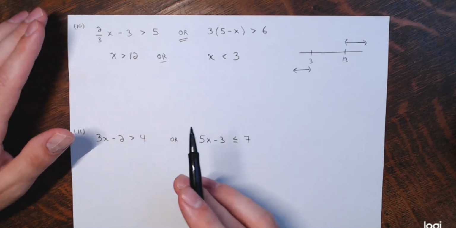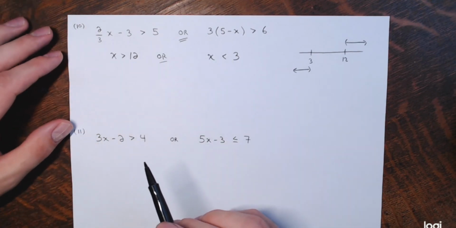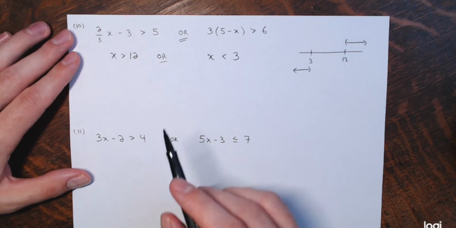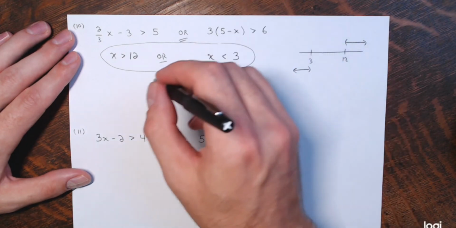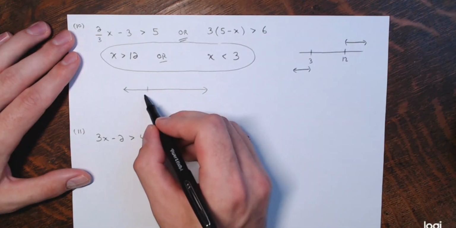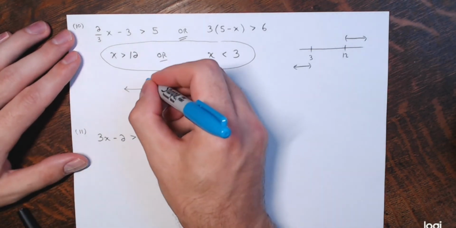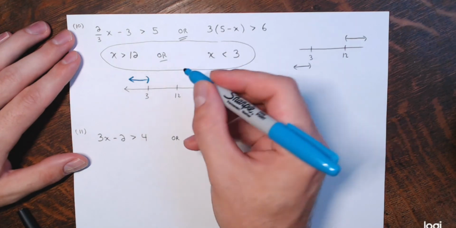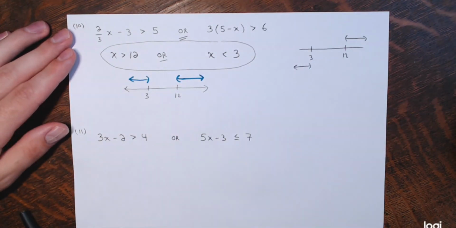Any number that satisfies either inequality is making the entire compound inequality true. So there's a description of the solutions. My final graph looks like this. 3 and 12 are here, and all the numbers less than 3 but not 3. All the numbers greater than 12 but not 12 are solutions of the compound inequality.